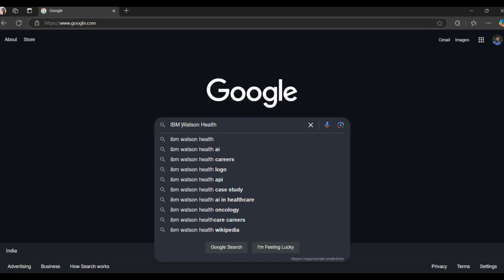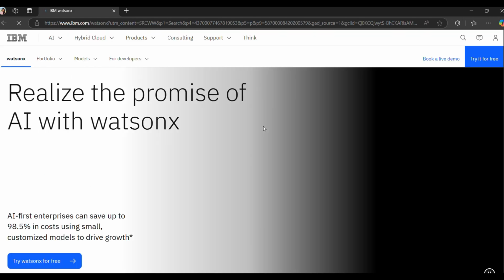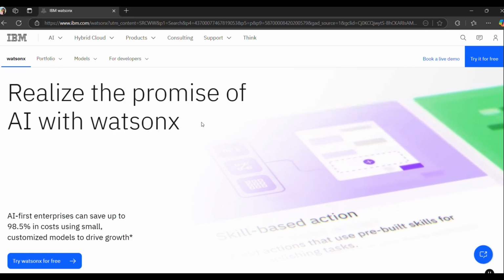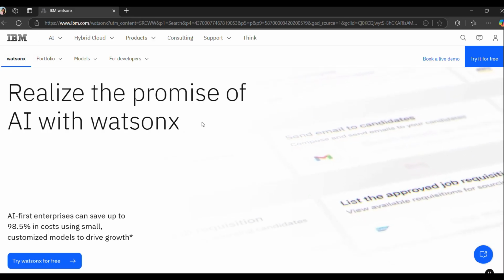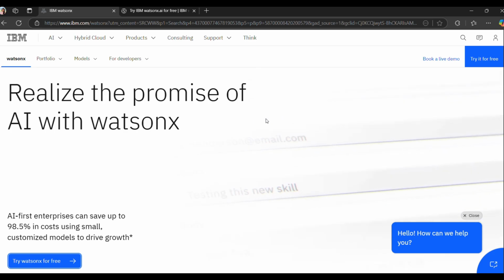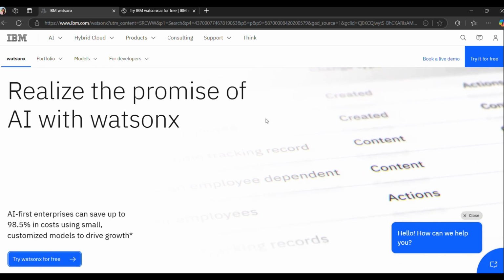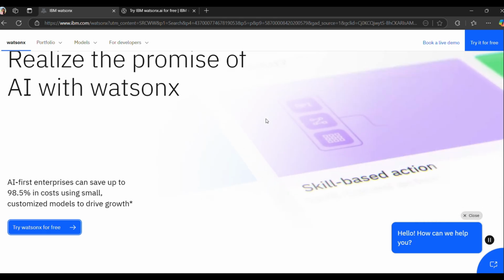Now, let's talk about IBM Watson Health. Let's check the website of the same. One great example of AI in action is IBM Watson Health. Watson uses AI to assist in cancer diagnosis and treatment recommendation.